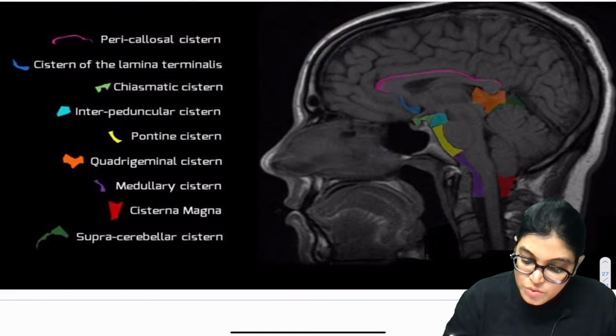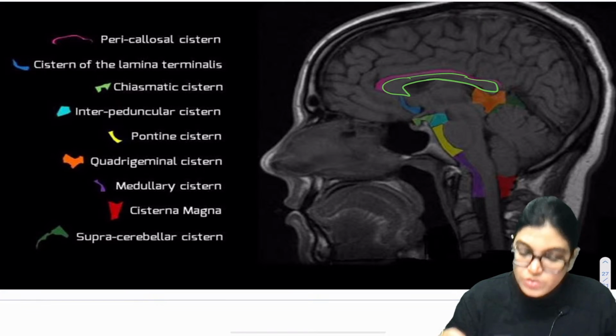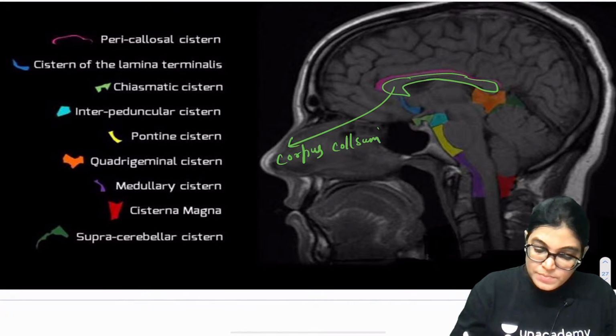Here I will use green color to show you the whole outline of the corpus callosum. This is the corpus callosum.